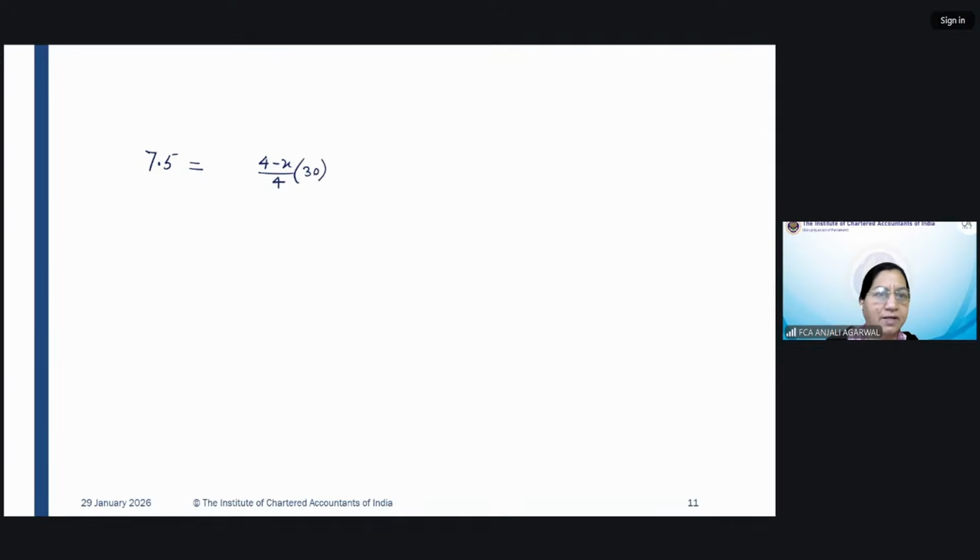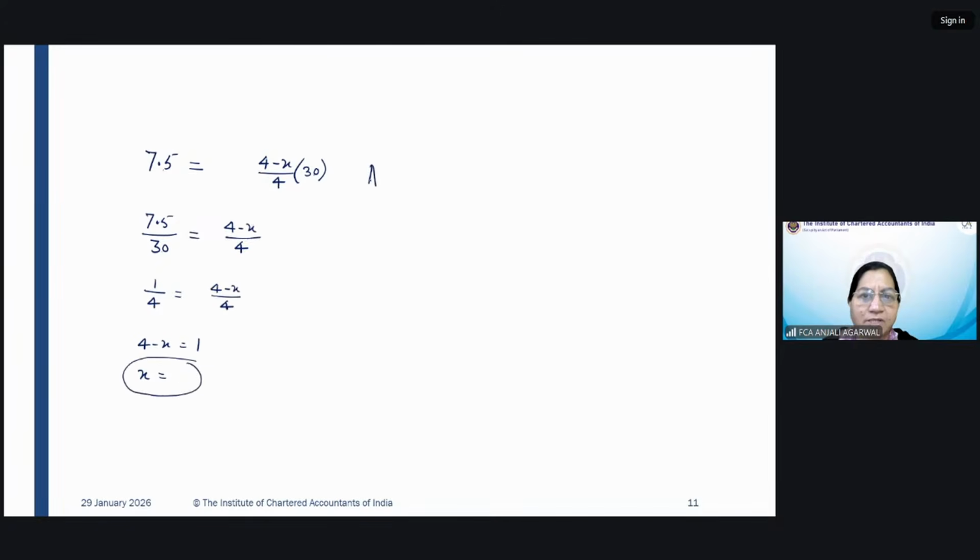Now, if you bring this 30 here, 7.5, divide both sides by 30. 7.5 on 30 is also 1 by 4. So you can eliminate the LCM or the denominator on both sides. Okay, so 4 minus x is equal to 1. Therefore, x is equal to 4 minus 1, 3.